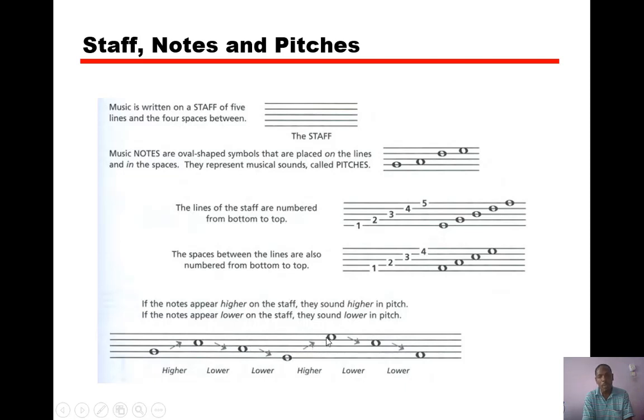Then we move to a higher pitch note, then down to a lower pitch, and then down to another lower pitch. So in relative terms, this note here is lower than this, meaning we are moving from a lower note to a higher note, and then we come to a lower note, then to another lower note, then a higher note, then a lower note, then another lower note.